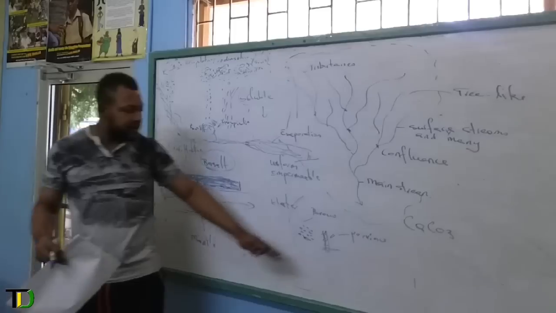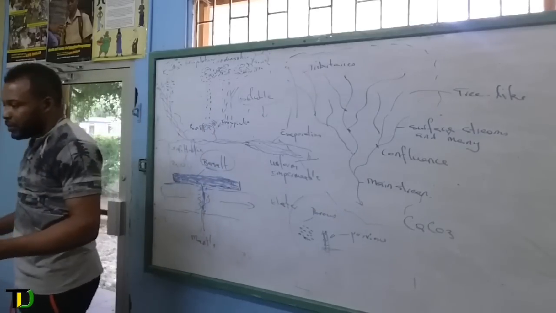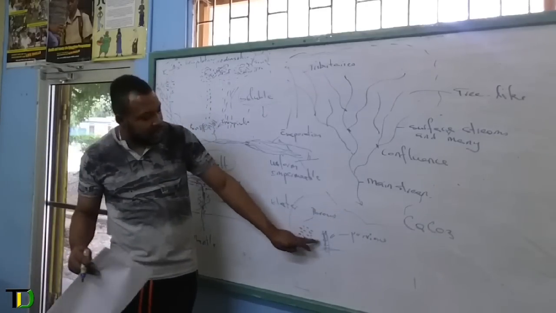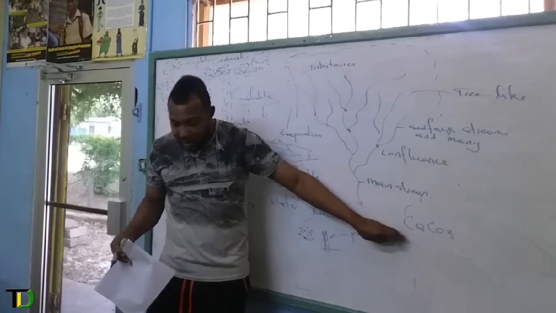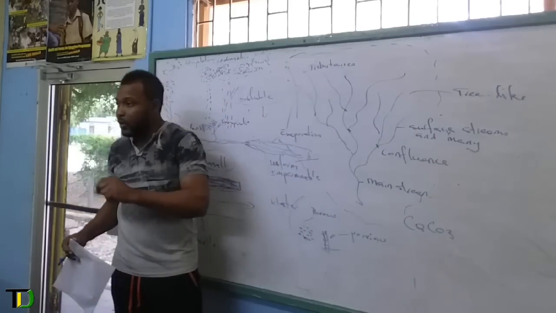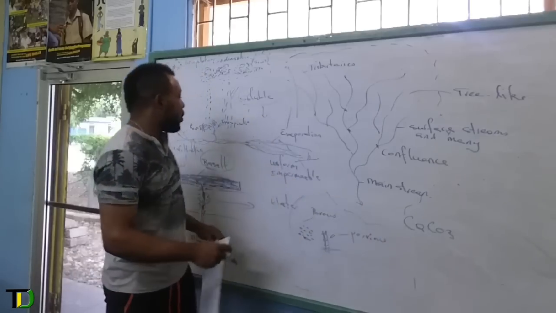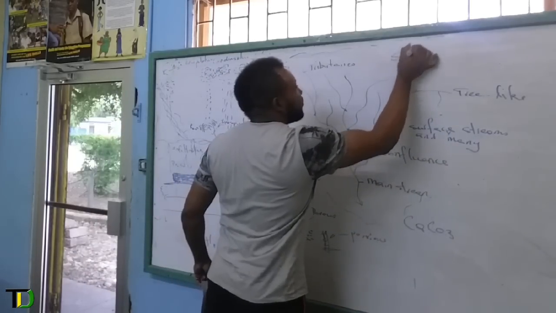When it absorbs carbon dioxide from the atmosphere and from the soil, it forms a weak carbonic acid. When that weak carbonic acid hits the limestone rocks now, it will dissolve the calcium carbonate, leaving behind calcium bicarbonate, carrying the calcium carbonate away. So the calcium carbonate is carried away in the water right now.